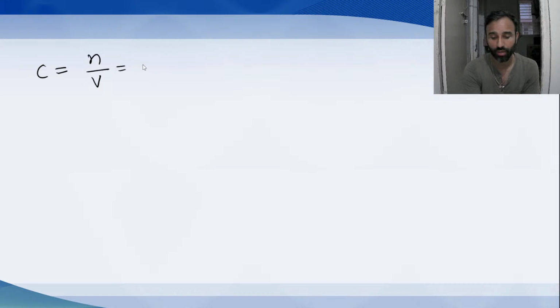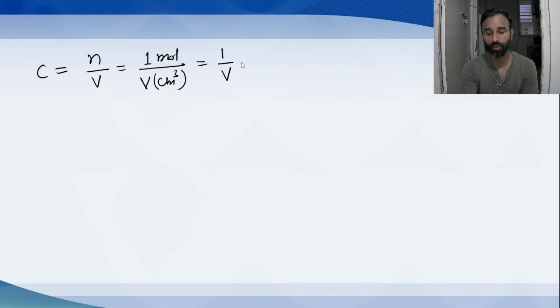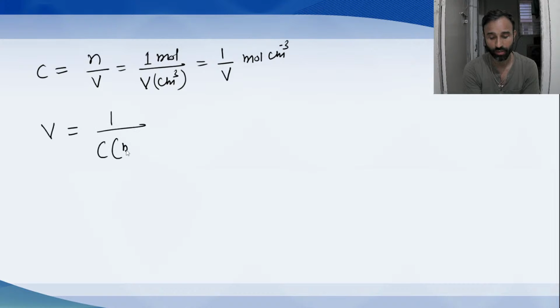So number of moles is 1, and what is the volume? V centimeter cube. That means C is 1 upon V mole per centimeter cube, or we can write V as 1 upon C. V equal to 1 upon C, and C is in mole per centimeter cube.